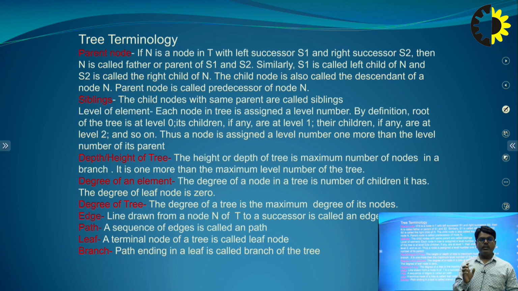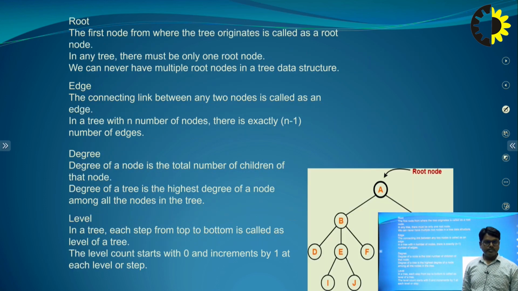Path: a sequence of edges is called a path. Leaf: a terminal node in a tree is called a leaf node. Branch: a path ending in a leaf is called a branch. Again, for finding out edge and for finding out depth or height, we have to consider this branch. That's why the branch terminology has been introduced here. A branch is a path ending in a leaf of the tree.